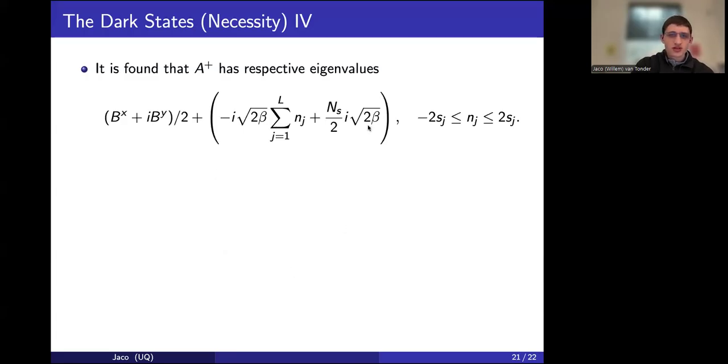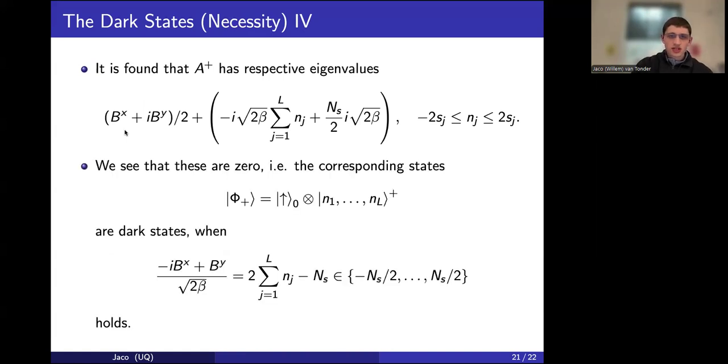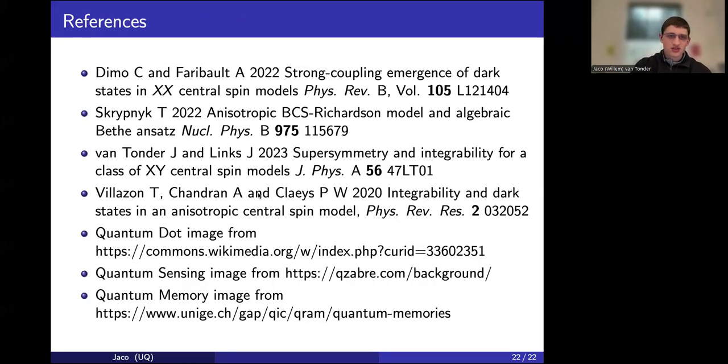So doing all of that, we just get these eigenvalues. And then recalling that for these to be singlets, these eigenvalues have to be 0. And then this really just corresponds to this condition, which was the condition we saw before using the algebraic beta ansatz. So that finishes my talk, and these are just some of the references going into the research.